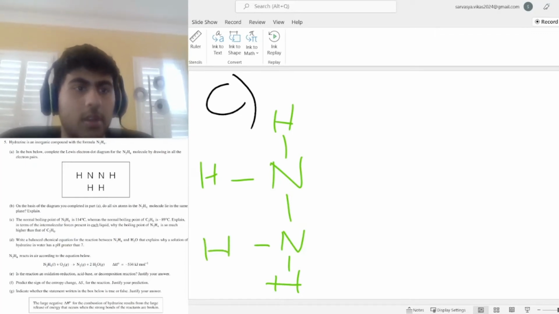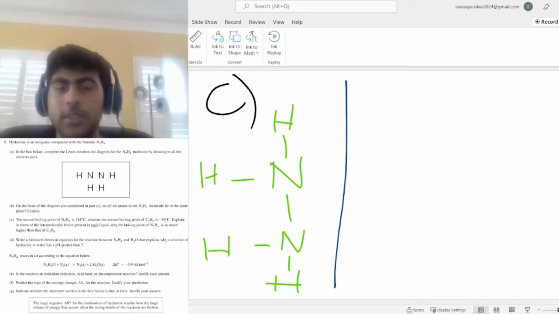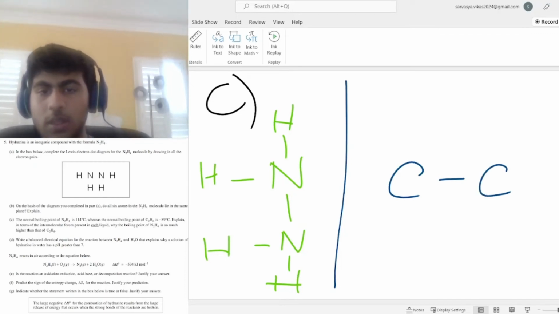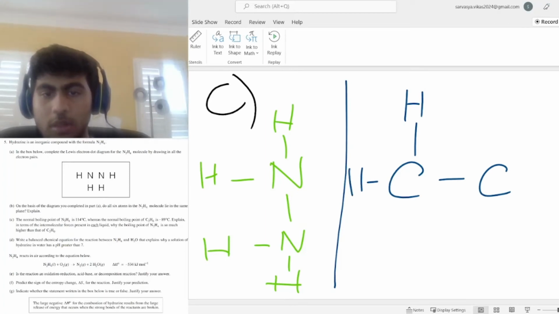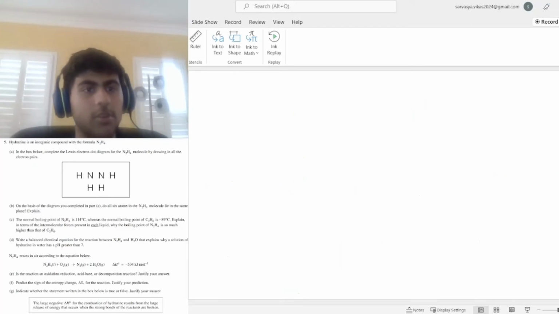And then on the other hand, we have the C2H6, which is going to be like this. All right. So we have those two Lewis structures now.